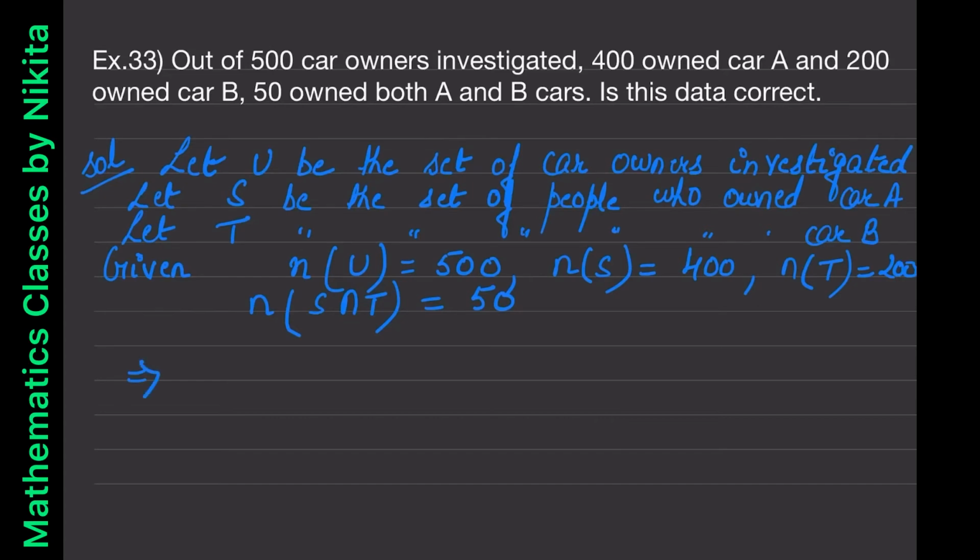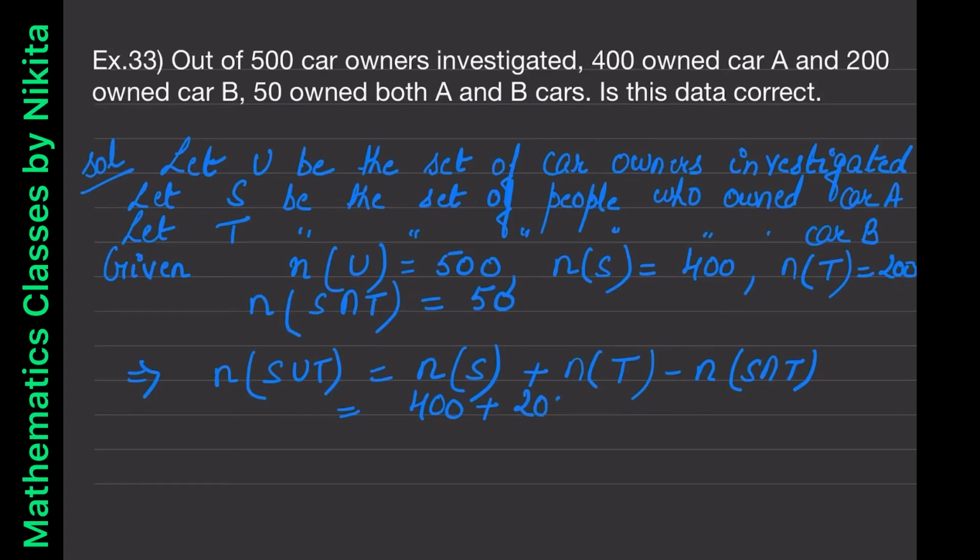Now just plug in the values in the formula. So N of S union T is equal to N of S plus N of T minus N of S intersection T. So from here I will get 550. So the number of elements in S union T is 550.